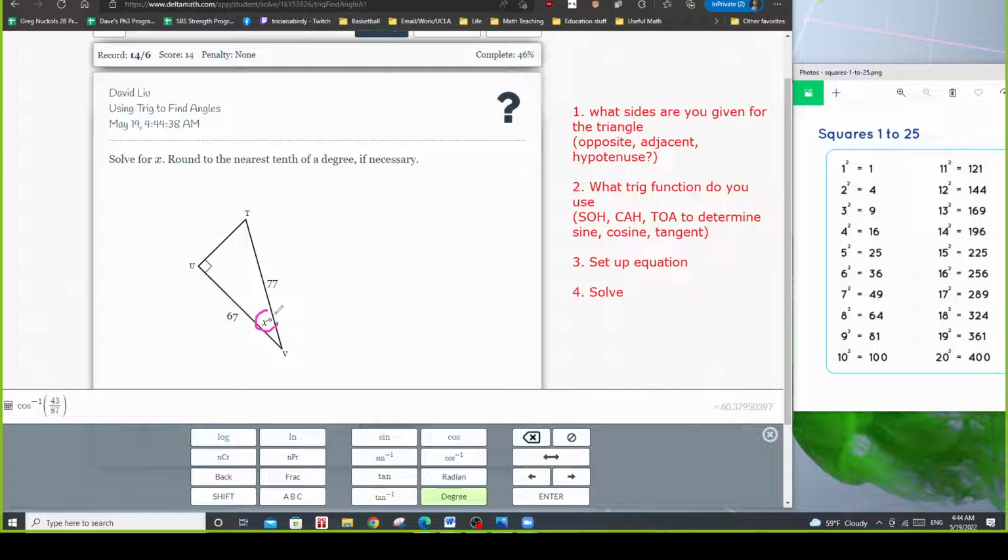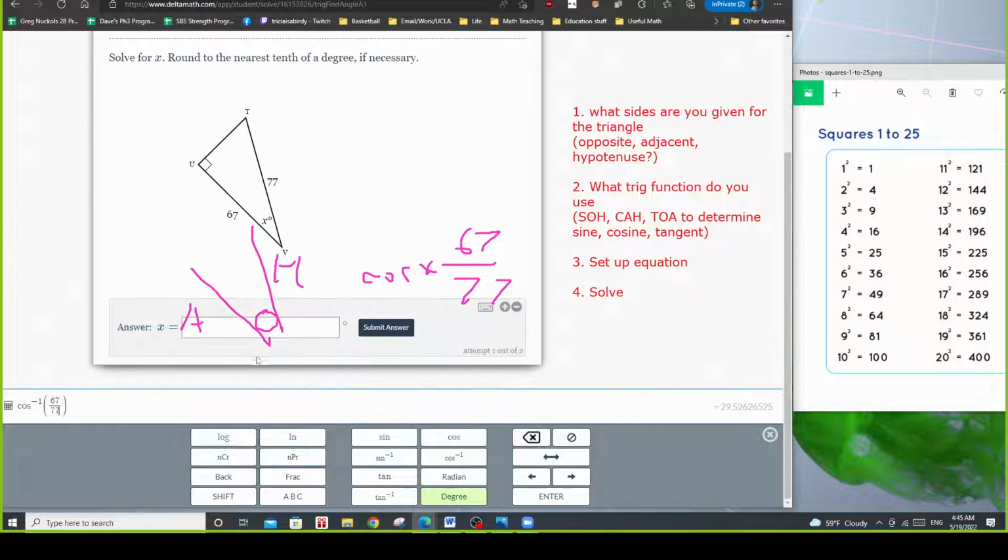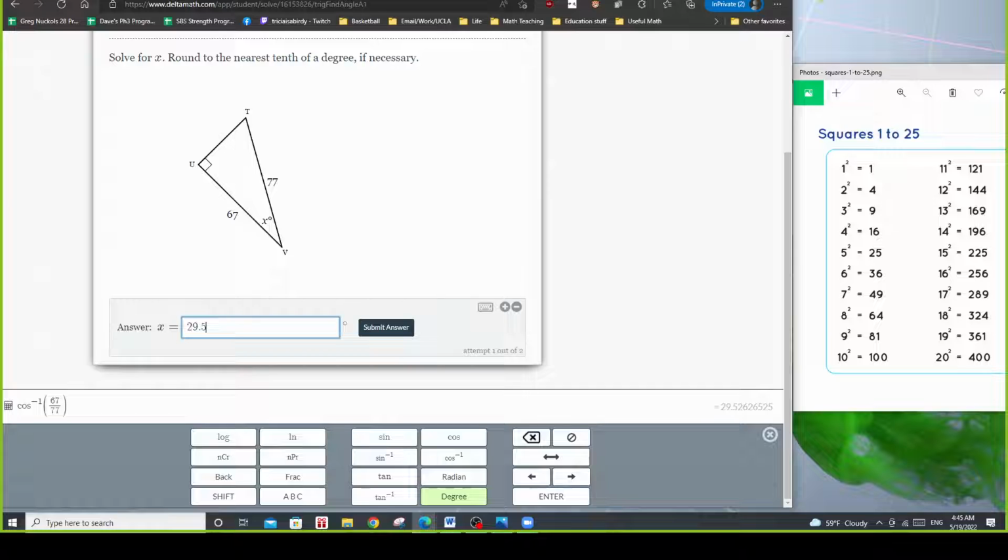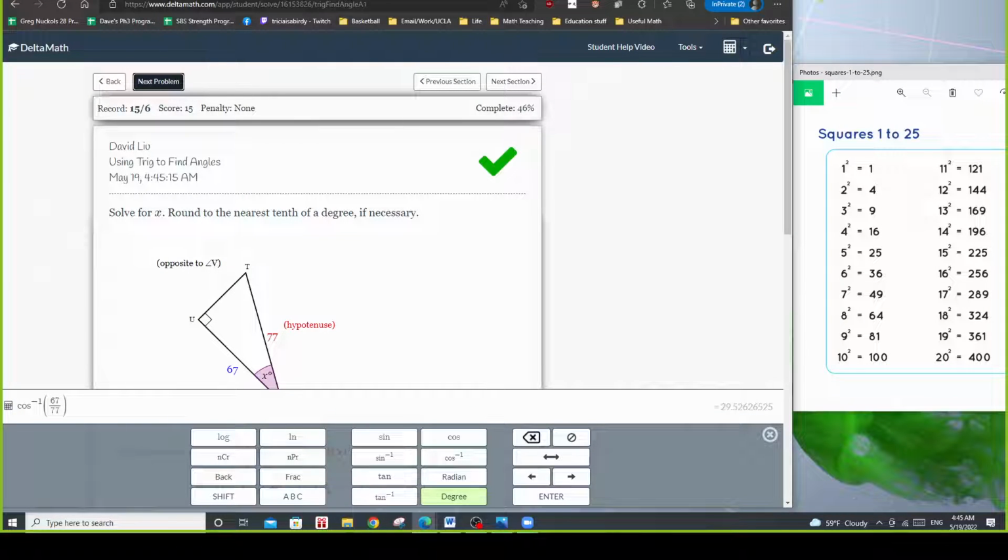So here's x, here's adjacent, here's the hypotenuse. So once again, it's cosine of x is 67 over 77. So I just have to change this inside. 67 over 77, and I get 29.5. And that's it. 29.5 is my answer.